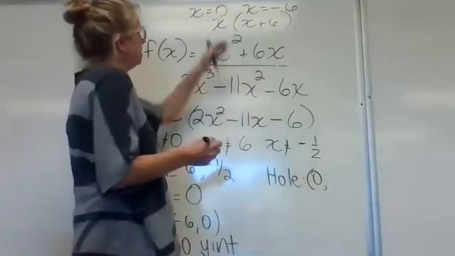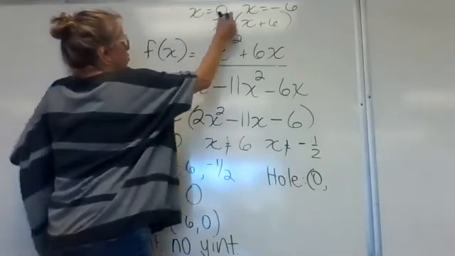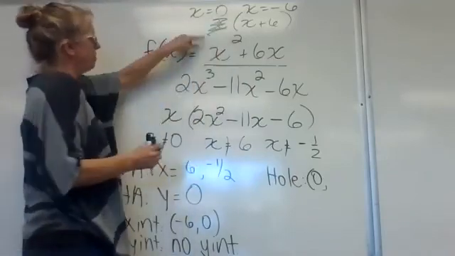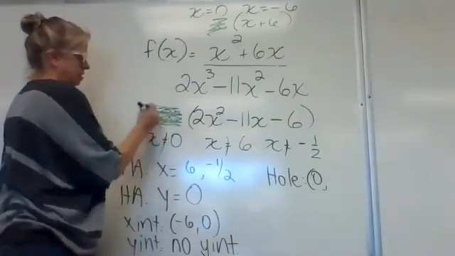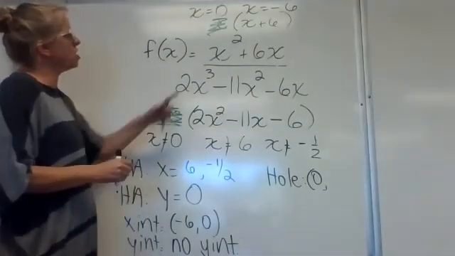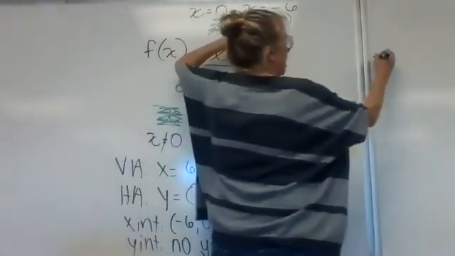The y-coordinate, so what factor made this 0? Then cross it out. What factor made this 0? This one. So cross it out. So what are you left with? Up top, if you took out this x, you're just left with the x plus 6.